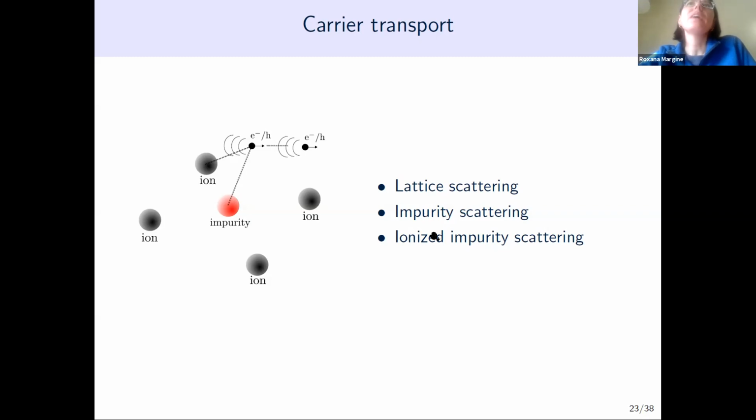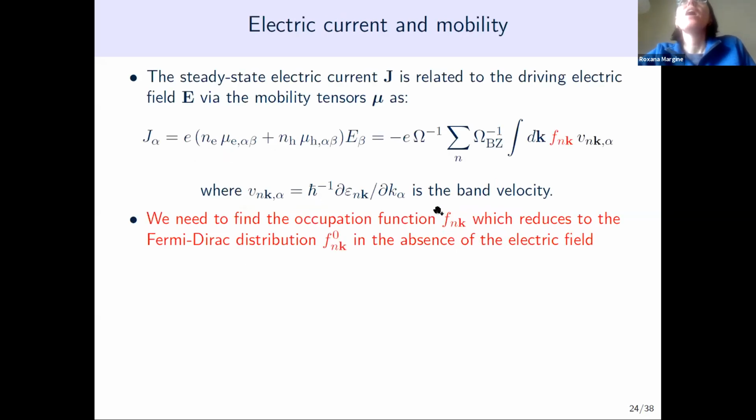Among these scattering mechanisms, only the scattering theory of charge carriers by phonons has been developed far enough that predictive calculations are now possible. So in these last few slides, I'm going to focus on the derivation of the linearized Boltzmann transport equations that enables parameter-free calculations of phonon-limited mobilities in metals and semiconductors.